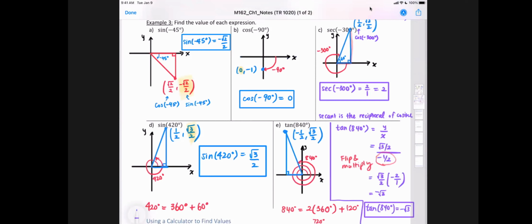I have a question. Yeah, Isabella? So do we always flip and multiply? Oh, so if you ever have a complex fraction, like a fraction divided by another fraction, and you want to simplify that, then yes, you take the denominator, flip it, and then multiply it by the numerator.